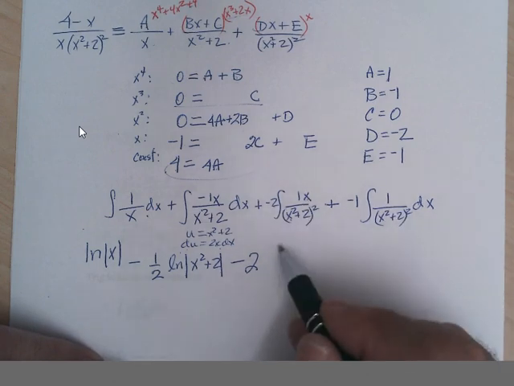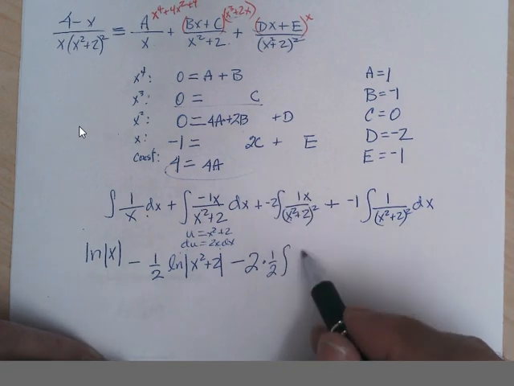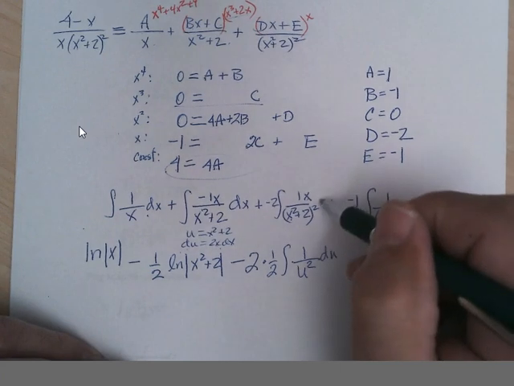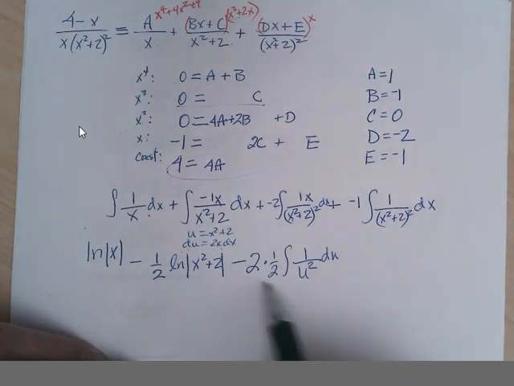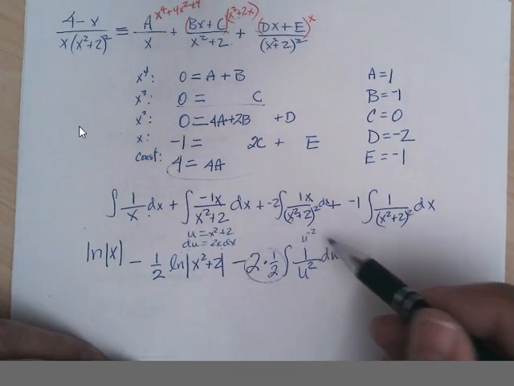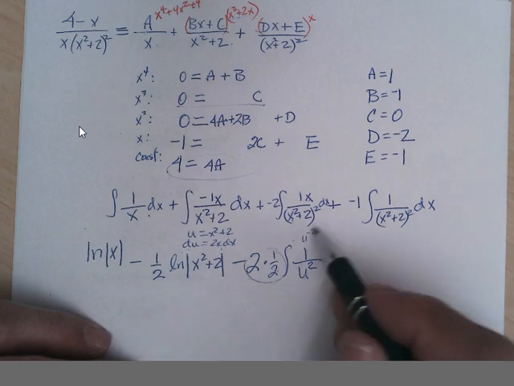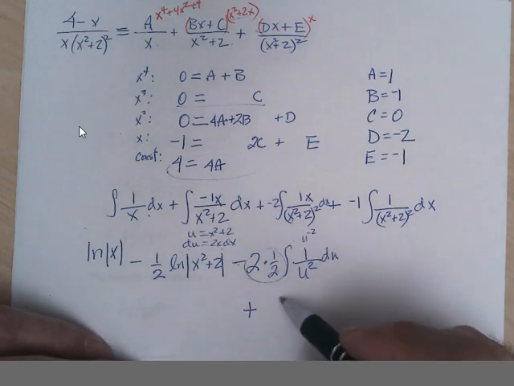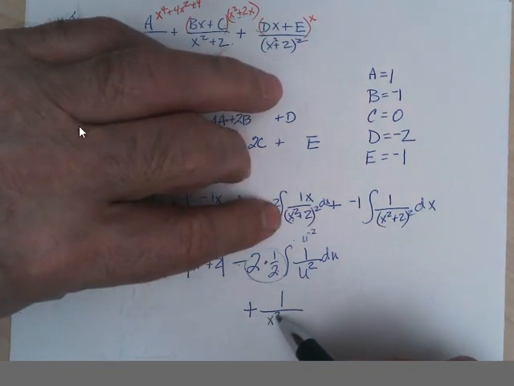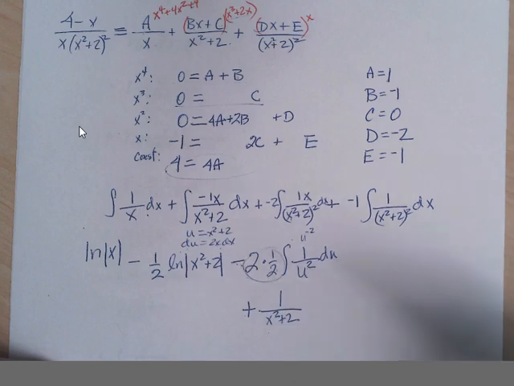I'm going to get a 1/2, and I'm going to have 1 over u squared du, and the antiderivative, that'll be u to the minus 2, which integrates to be u to the minus 1 divided by a minus 1, so I get minus a minus, which is plus 1 over u, and u was x squared plus 2, so it goes in the denominator because it's to the minus 1, and I got a minus out of it that canceled the minus.